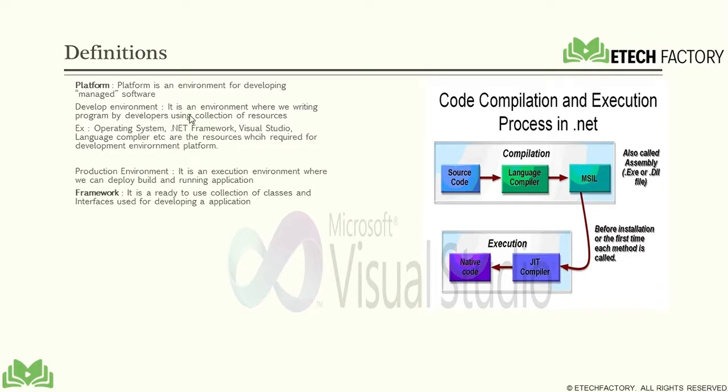The development environment is where developers write programs using a collection of resources. For example, operating system, .NET framework, Visual Studio, language compiler, etc. are the resources required for a development environment platform. So what is the production environment? The production environment is an execution environment where we can deploy, build and run applications. The production environment is mainly used by the end user.